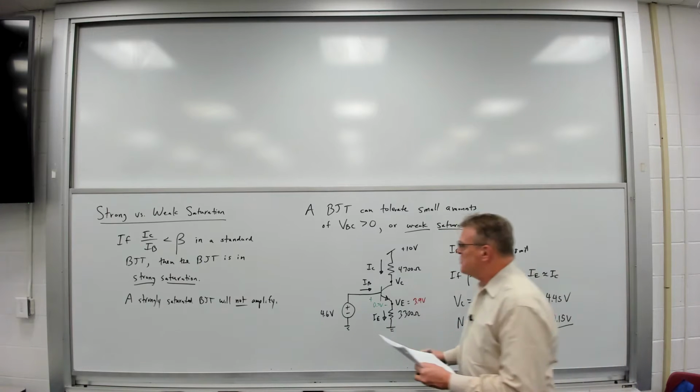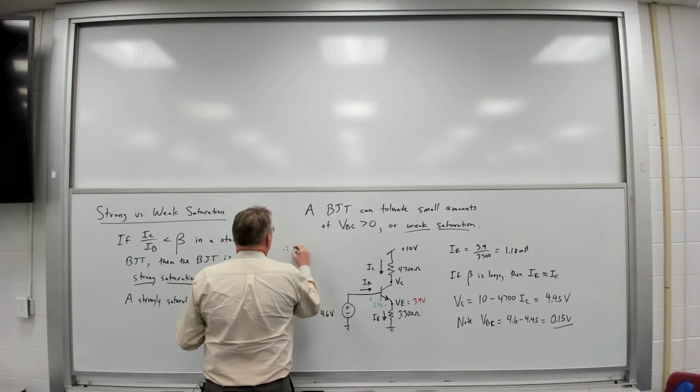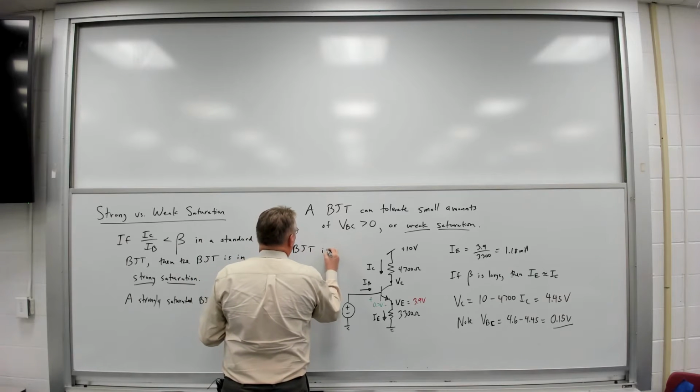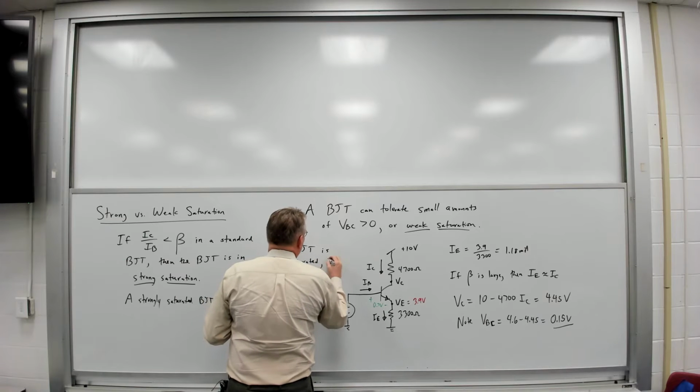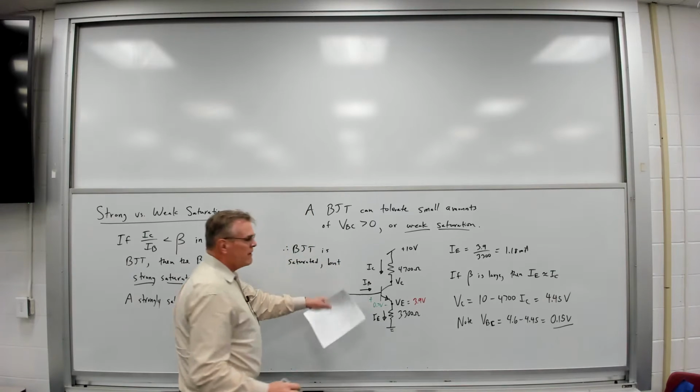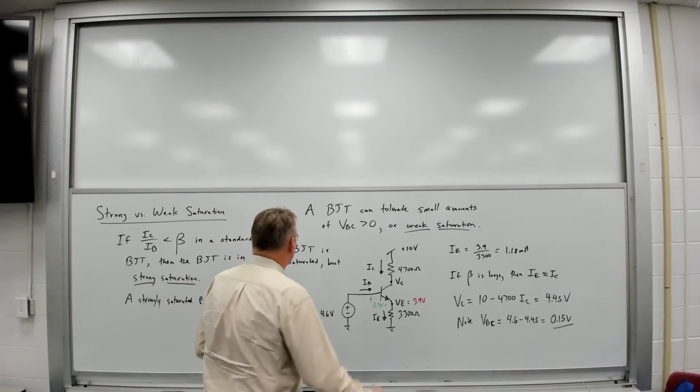So in this case, the transistor is saturated, but not enough to make the beta relationships break down.